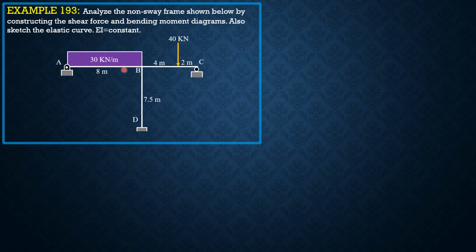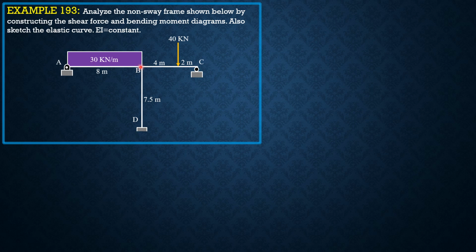Since for portion AB the moment at A is 0, we only establish MBA. The slope deflection equation for that situation is 3EI over L, times the quantity theta near, which is theta B in this case, minus delta over L, which is 0 because there's no side sway and no relative movement between A and B horizontally, even if the loads are there, negligible movement.